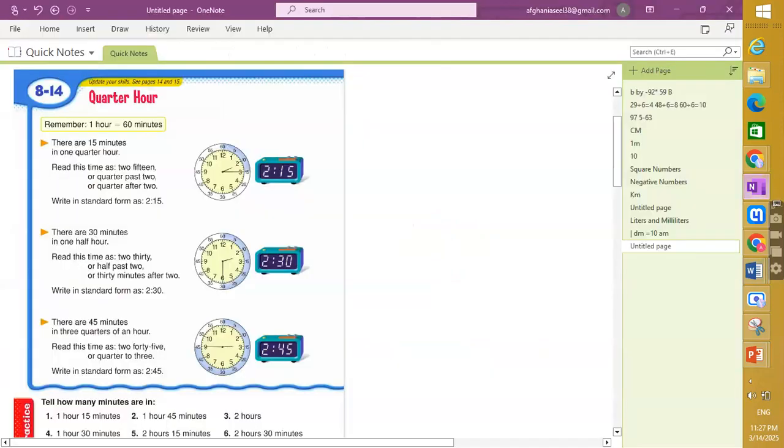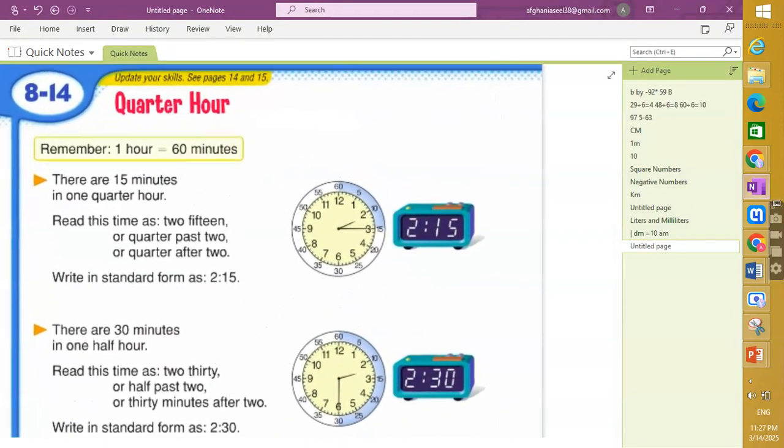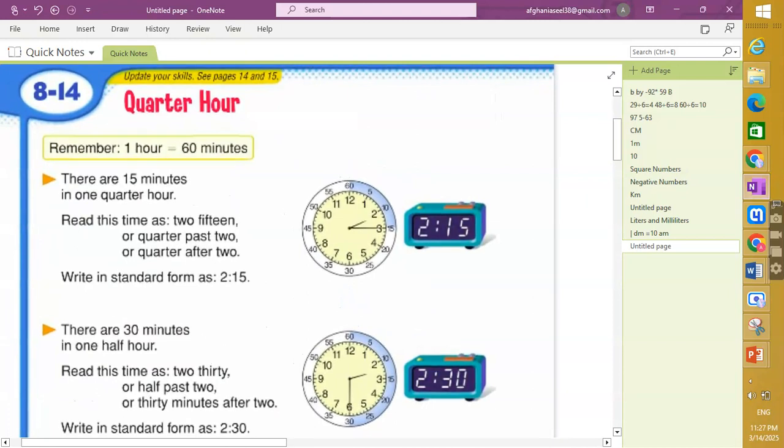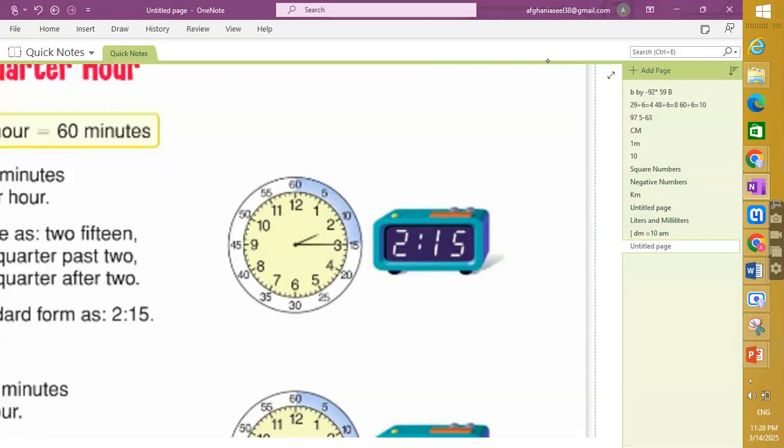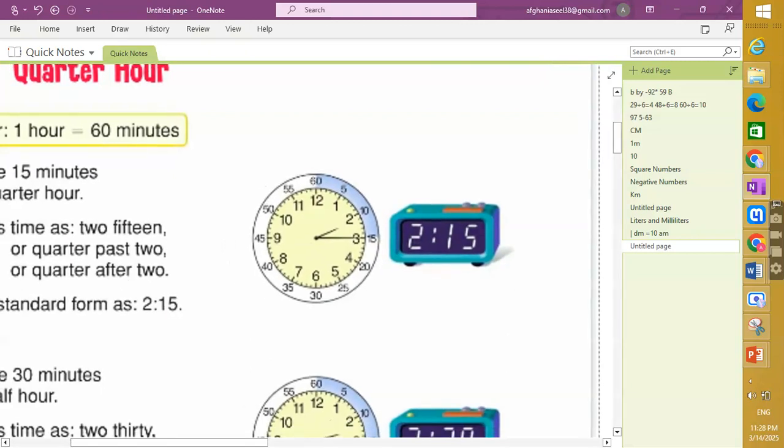Now let's talk about something in our book. Remember, 1 hour is 60 minutes. Now let's read each time in the standard form as you see in your book. We said the short hand represents the hours and the long hand represents the minutes.